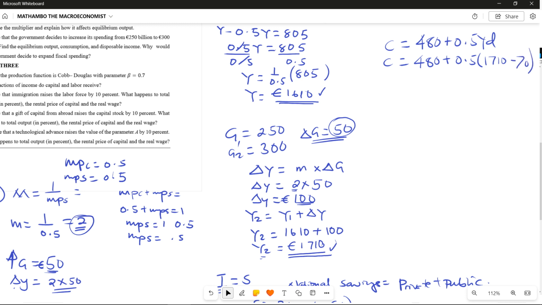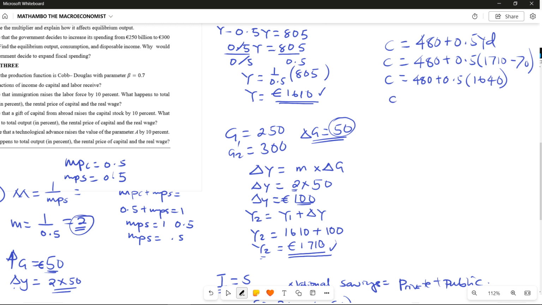Taxes are 70. So this will be 480 plus 50% of 1640.